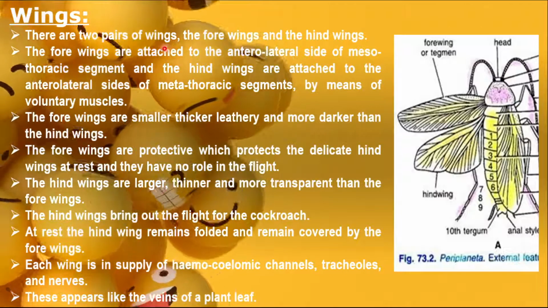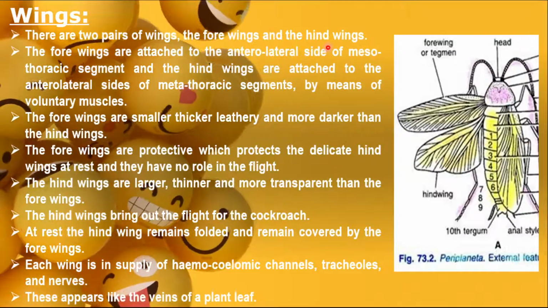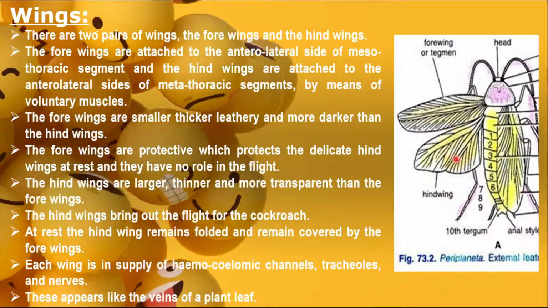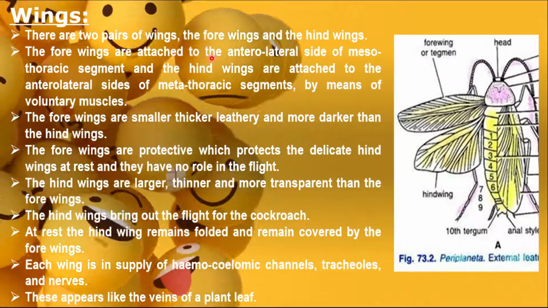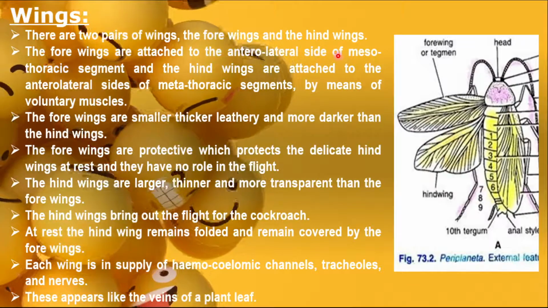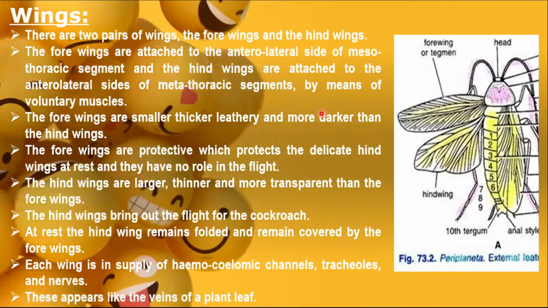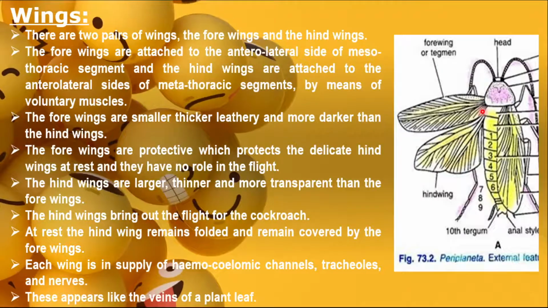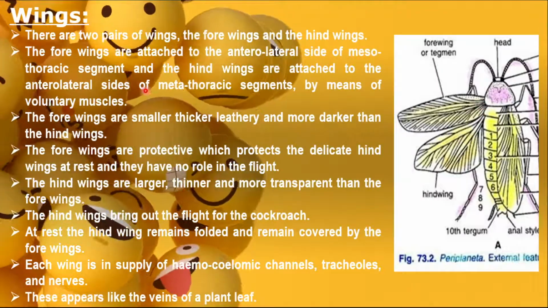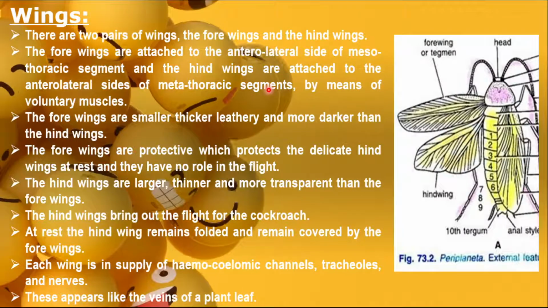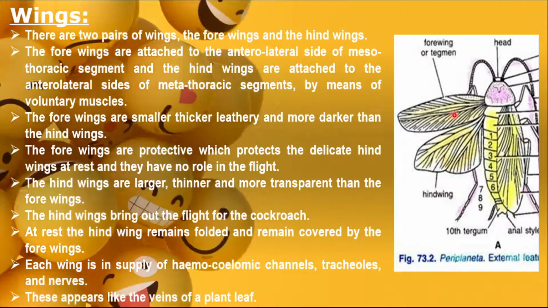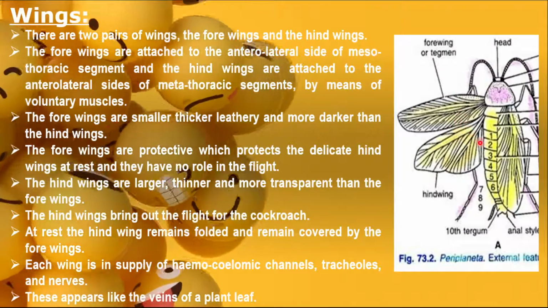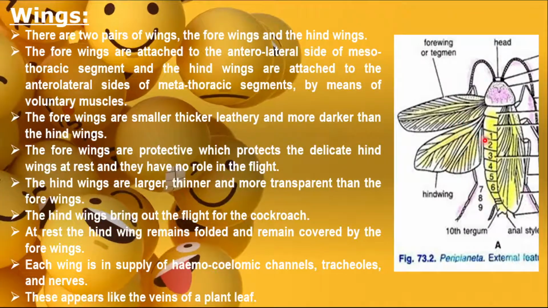There are 2 pairs of wings, the forewings and the hind wings. The forewings are attached to the anterolateral side of the mesothoracic segment, and the hind wings are attached to the metathoracic segment by means of voluntary muscles.